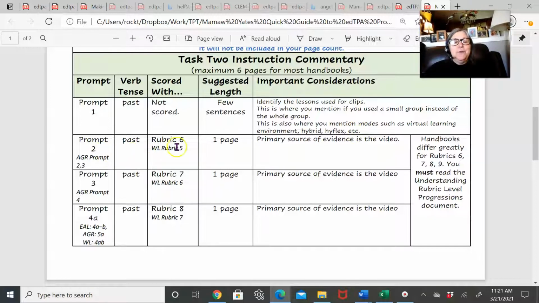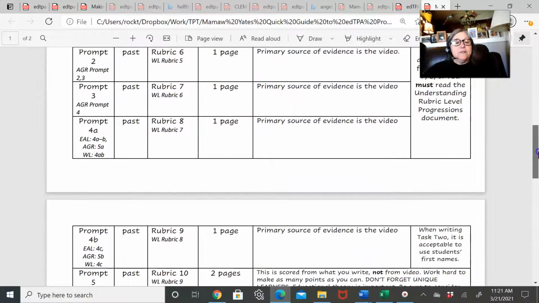Prompt 2, this is directly related to Rubric 6, and this is with everybody except for agriculture, I don't see many of those, and world language. Prompt 3 is Rubric 7. And then you get here, this is where a lot of people get tripped up because there's always been prompt rubric, prompt rubric.